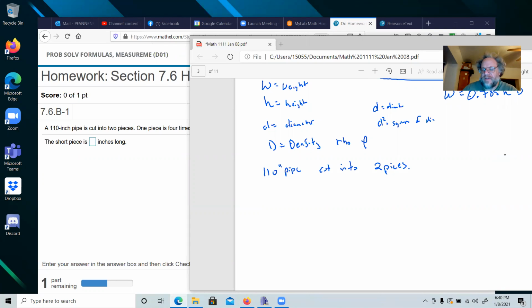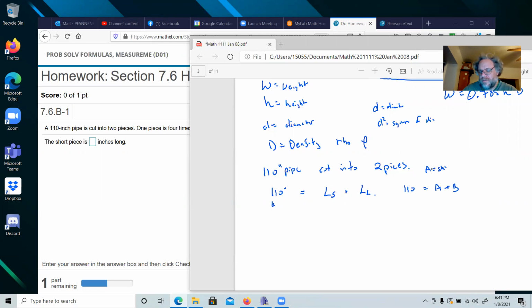We have 110 inches for my length. We don't really need a length over here. We could call one L2 or L3, or say length of short plus length of long pipe. You can say PS and PL or something. You can say A and B, right? You just say 110 is equal to A plus B.